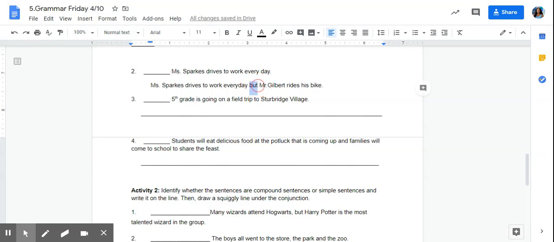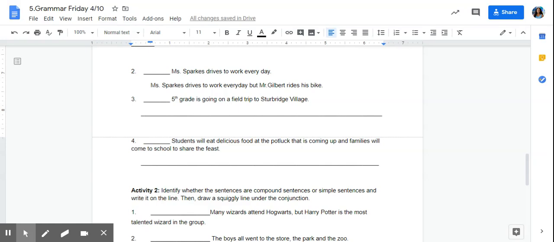So but is our conjunction, and Mr. Gilbert is our subject of our next sentence, and rides is the predicate. So this is an example of a compound sentence because it has one part with a subject and predicate, and another part with a subject and a predicate.